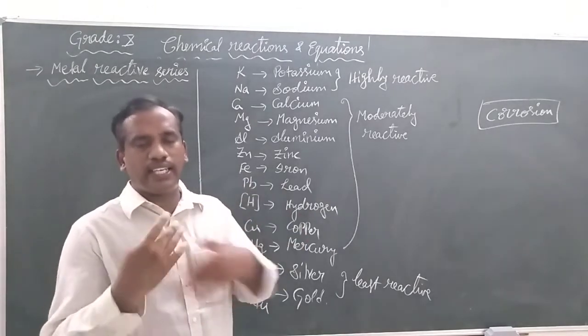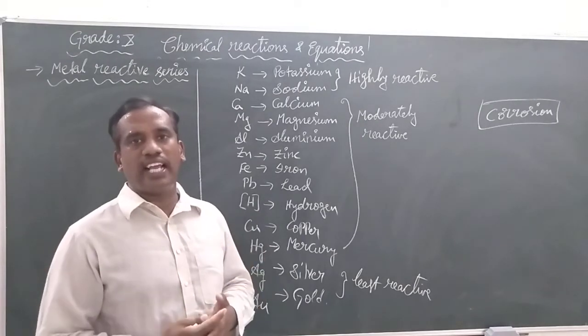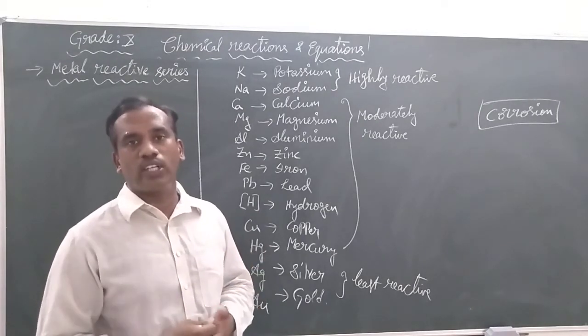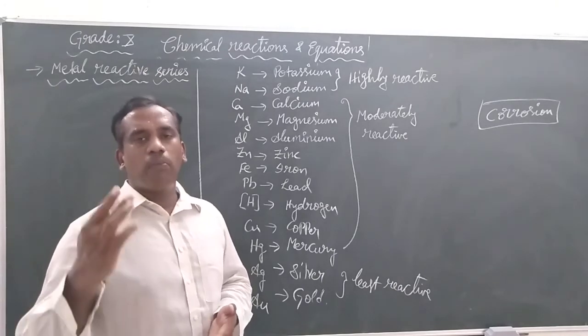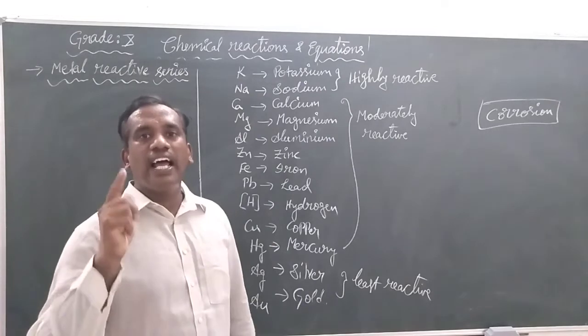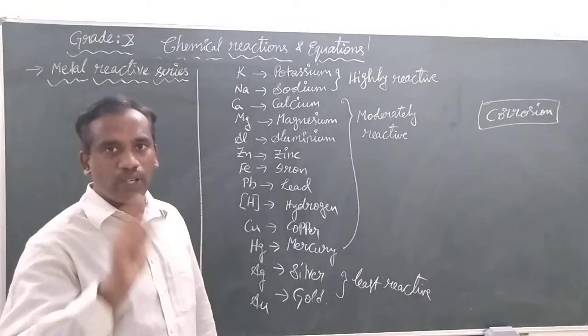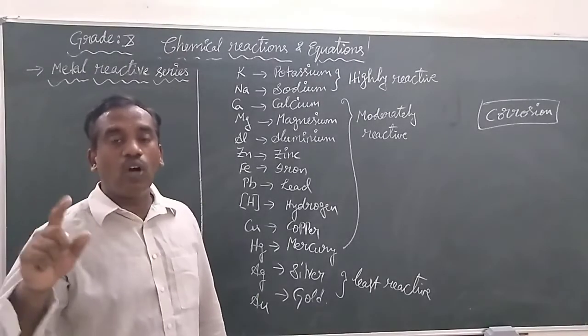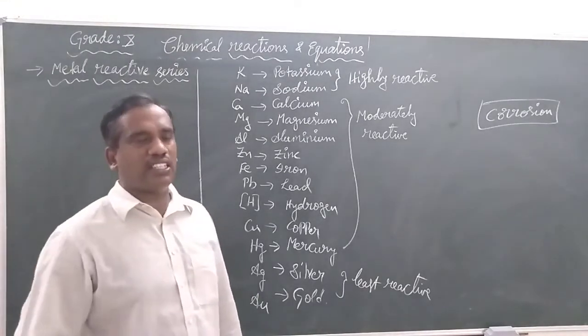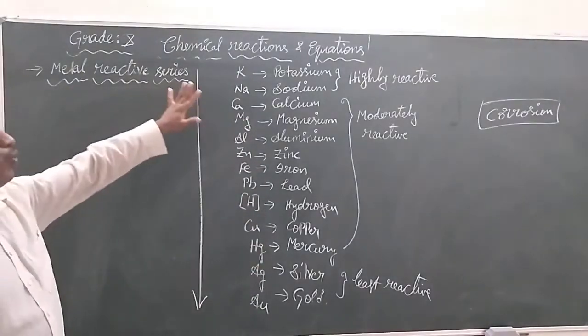It will generate some fire around it. Means they are releasing hydrogen gas when reacting with water. Which are reacting? Potassium metal or sodium metal. We say they are highly reactive metals. So based on the reactivity of the metals, we got a chart, the metal reactive series.